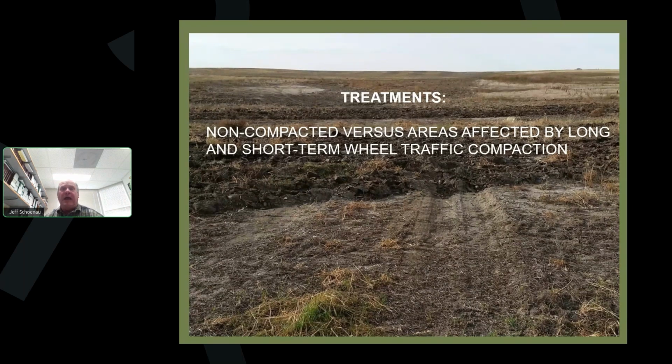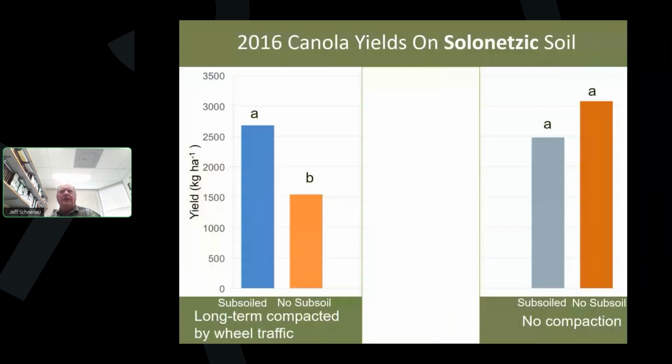And the long-term compaction was a long-term 20-year haul road within the fields. And we looked at the effect without and with subsoiling on soil properties and ultimately the crop yield. And just to summarize this, on the solonetzic soil, these were the canola yields that we got.